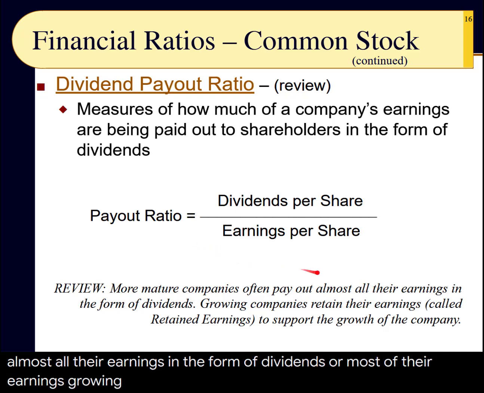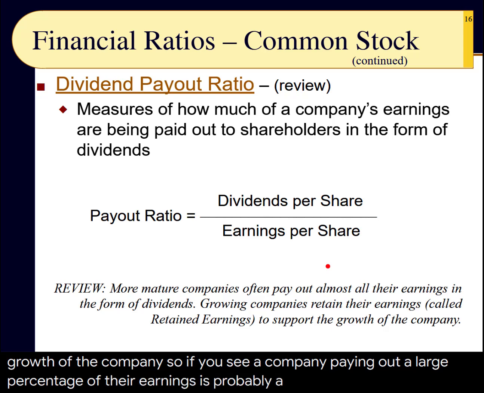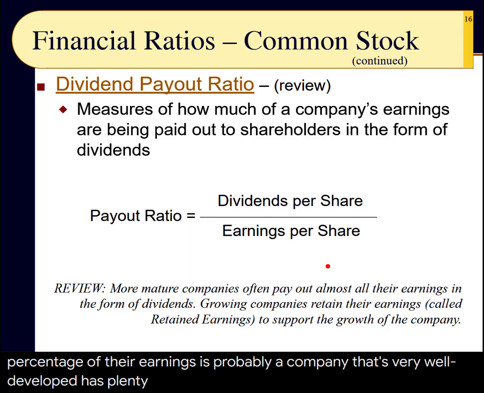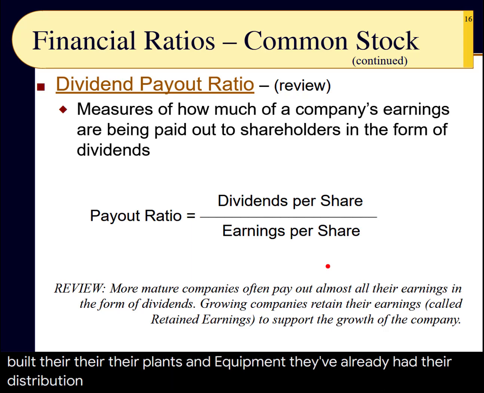Growing companies retain their earnings to support the growth of the company. So if you see a company paying out a large percentage of their earnings, it's probably a company that's very well developed, has plenty of resources at their disposal. They've already built their plants and equipment. They've already had their distribution systems and marketing systems in place.